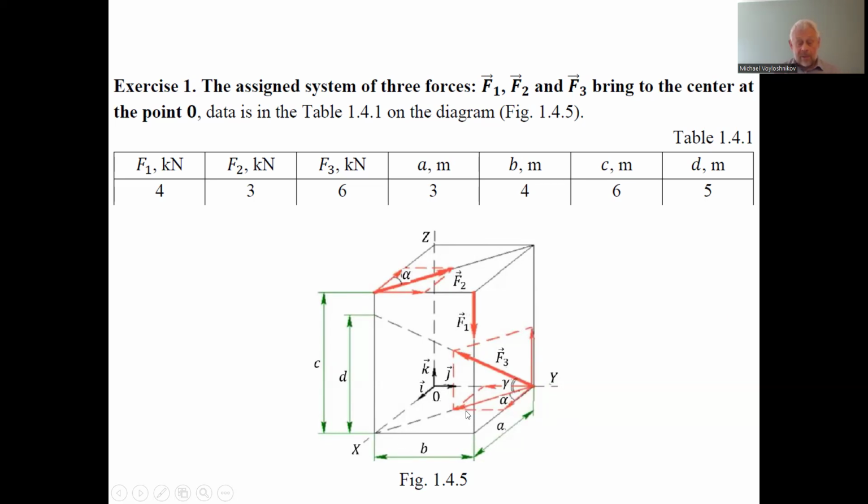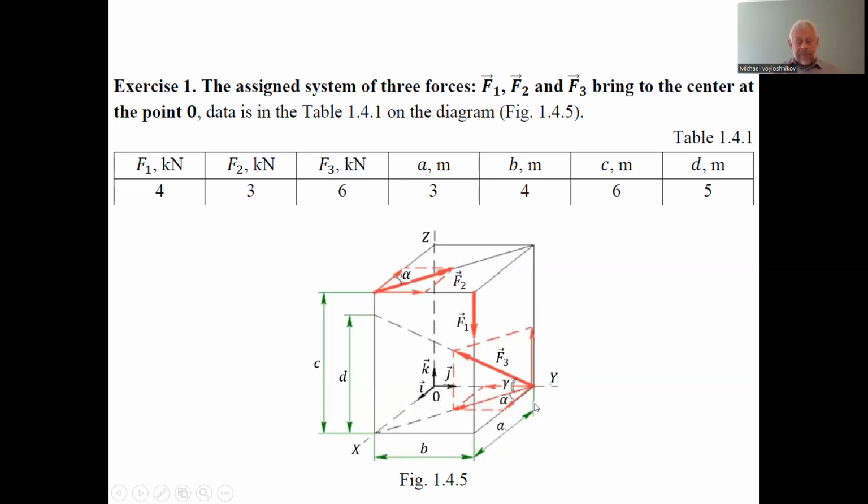And this projection on the horizontal plane we decompose next into two components, one parallel to the x-axis and one parallel to the y-axis. But the vertical one and the one parallel to the y-axis cause zero moment relative to the z-axis, as a parallel force does not cause a moment relative to the axis, and the second one, a component of force F3, crosses the z-axis with arm zero, so it doesn't cause a moment as well.